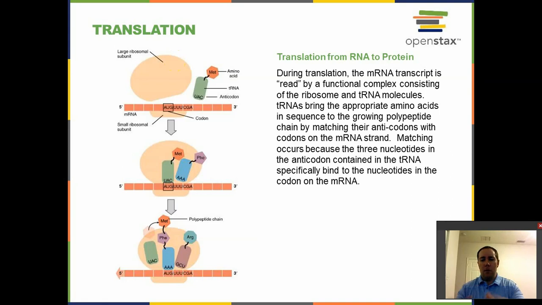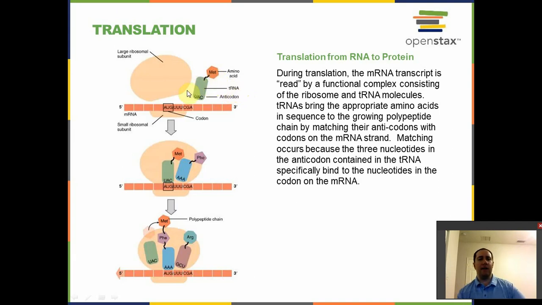Ribosomes move along the RNA, reading it as it goes. And it reads the RNA, and it calls out saying, I need a methionine, I need a serine, I need a proline. And when it calls out for a particular amino acid, something called a transfer RNA or a tRNA is going to bring that amino acid in.